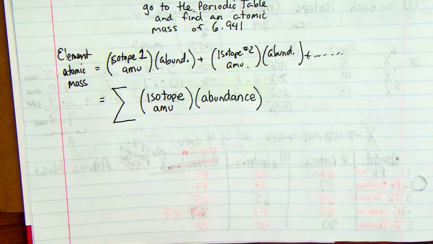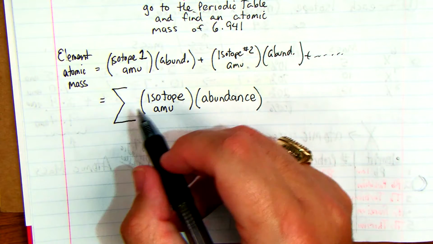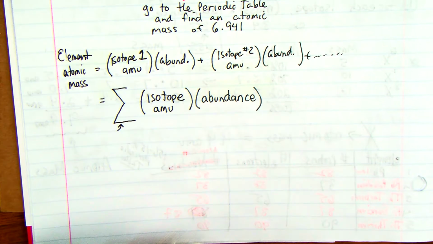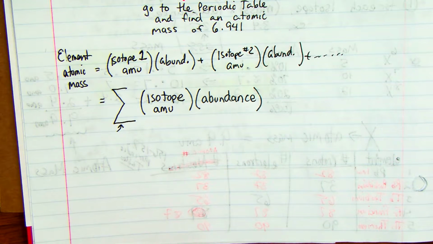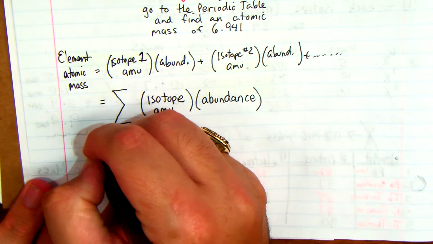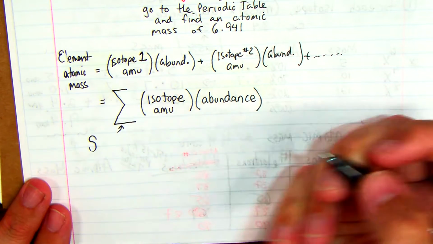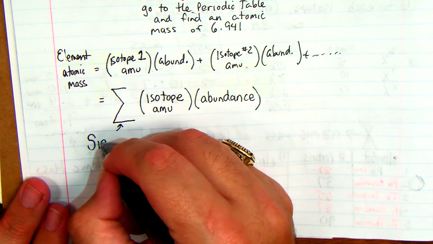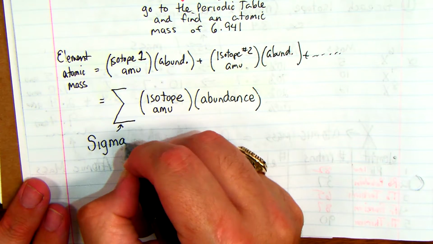This, anybody know what this symbol is? It's a letter. It's not Z. It's Greek, so it's going to have a Greek name. Sigma. This is a sigma. And what sigma means in math is summation.